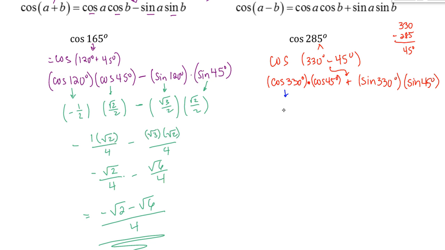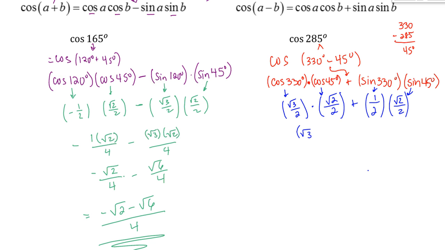We've got cosine of 330 is positive square root of 3 over 2 times, you should know this one by heart now, cosine of 45 is square root of 2 over 2. Sine of 330 is 1/2. Sine of 45 is square root of 2 over 2. Multiplying together.